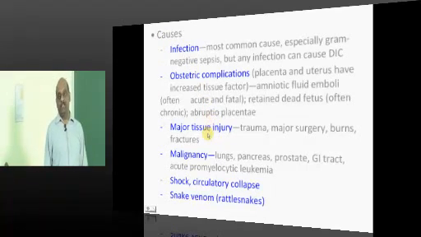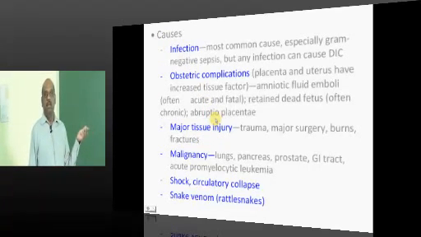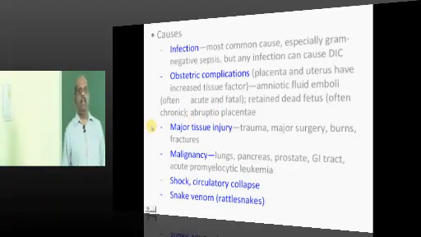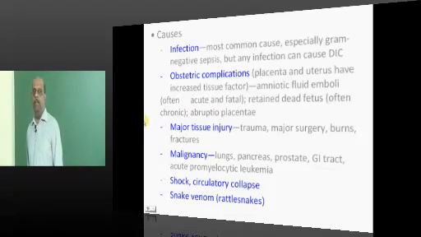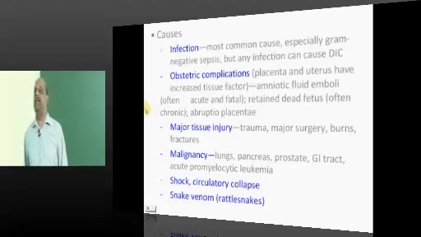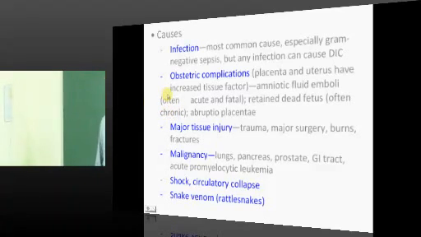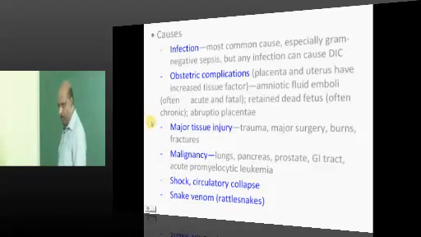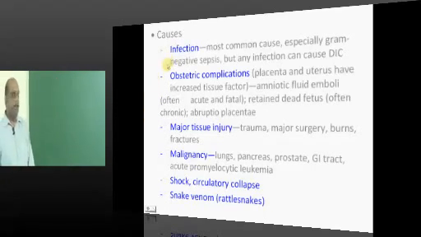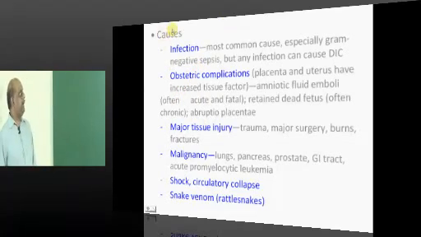Now what are the causes? Infection, obstetric complications. For example, you have delivered a baby, after that you fail to deliver the placenta completely. Retained placenta can lead to development of sepsis. Septic abortions, multiple complications in obstetrics can lead to development of DIC.